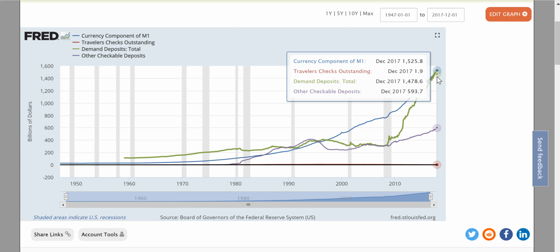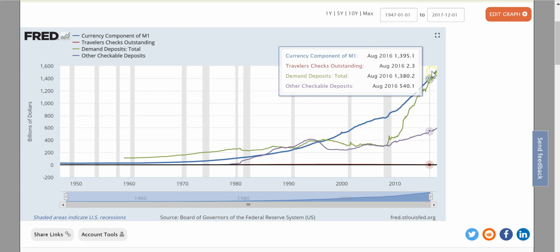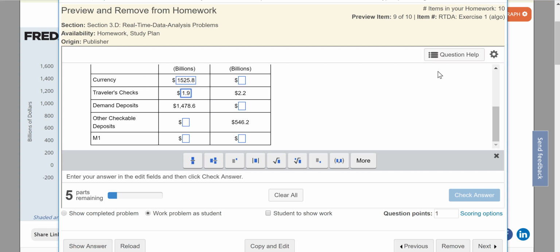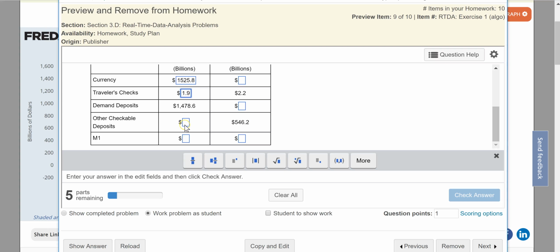Traveler's checks will be 1.9. Demand deposits are already filled, but you can double check to see whether it's the same, and in this case it is 1478.6. And other checkable deposits are 593.7.